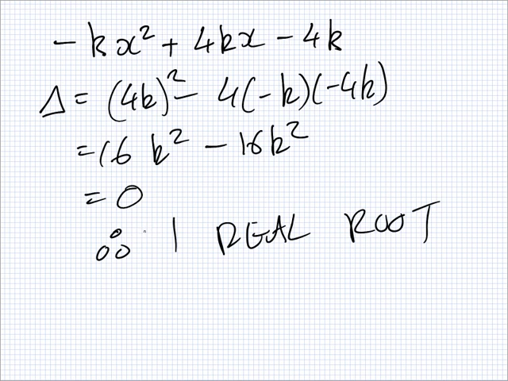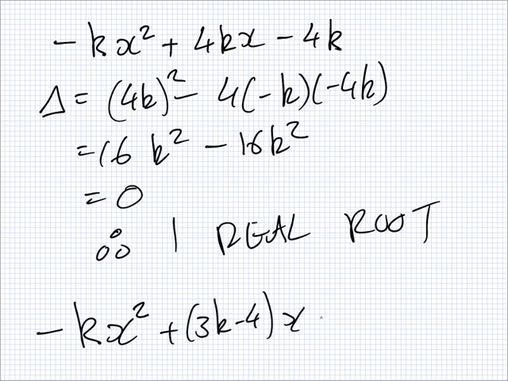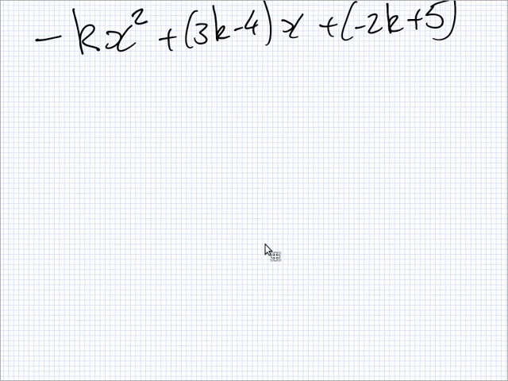Now, the most interesting one is 2n. Let's have a look at it. Minus k x squared plus 3k minus 4x plus minus 2k plus 5. Let's scroll down. Right, let's see how many roots this has.